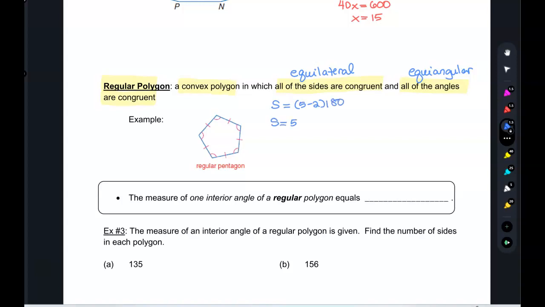So all 5 angles add up to 540 degrees. So 540 divided by 5. If all of them add up to 540 and there's 5 angles, does it make sense why we would divide? And that gives us 108.